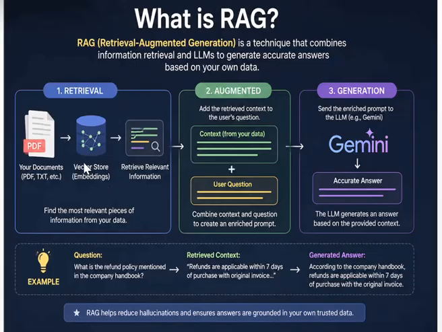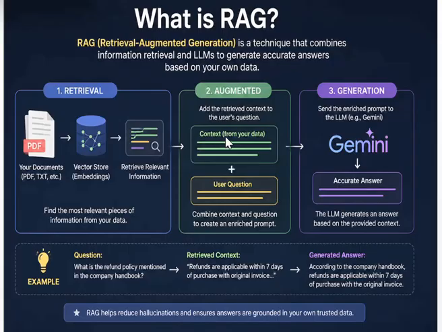For example, suppose our PDF contains information about Spring Boot, Kubernetes, Docker, Kafka, Redis. Now the user comes and asks, what is Docker Compose? So instead of sending the whole PDF file, our application retrieves only the Docker related paragraph. It will be much faster, much cheaper and much more accurate.